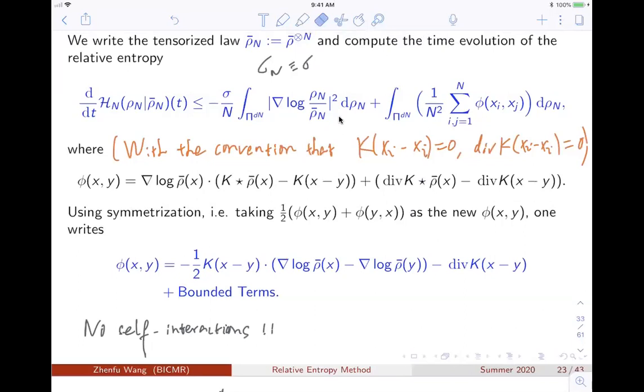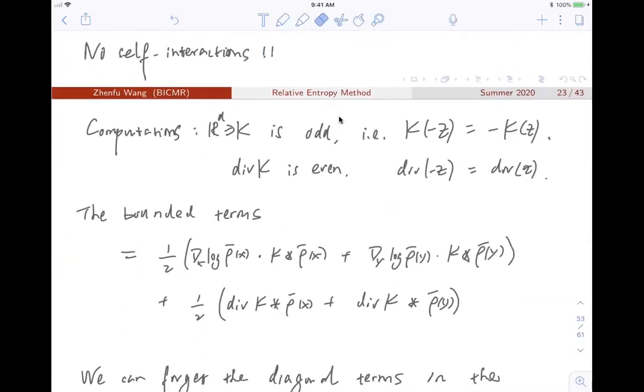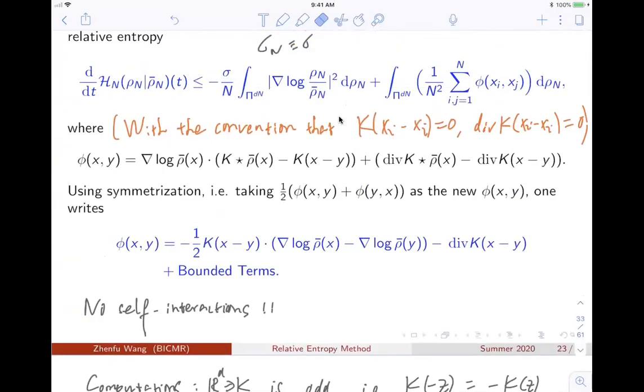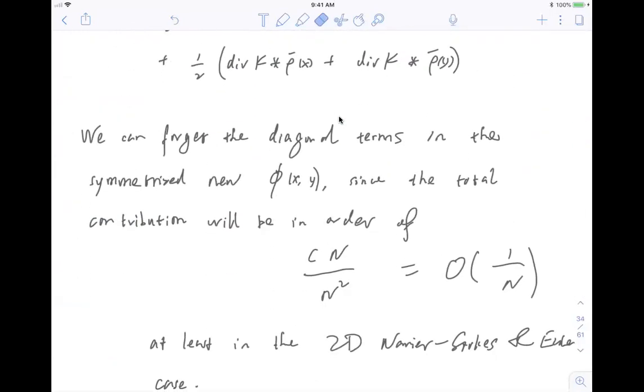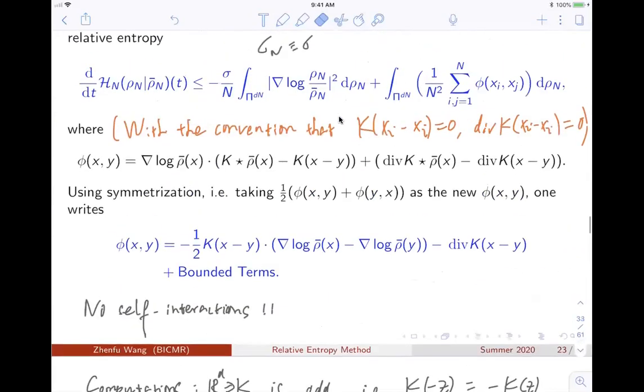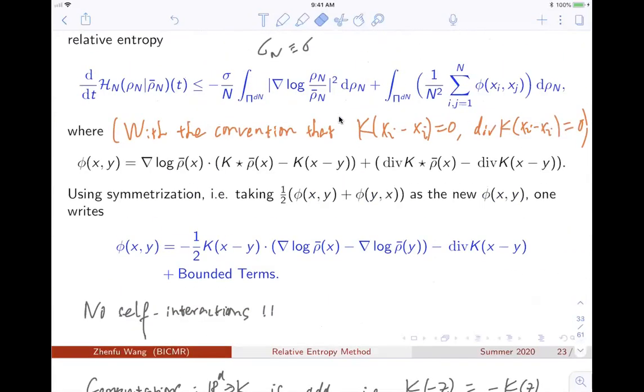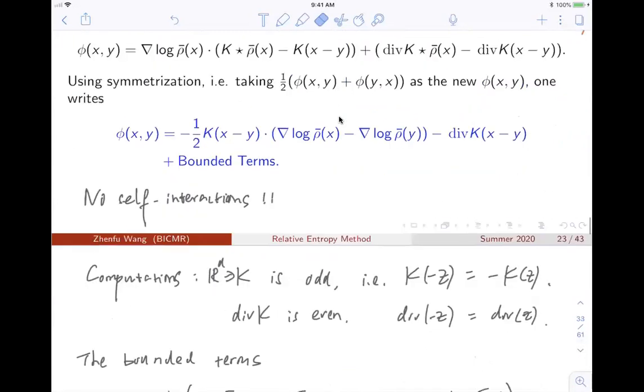This is not a trivial thing, but it just doesn't become harmful when we treat some bounded regime. I write here a little bit. For instance, we have summation both in i and j, and then we normalize by 1 over n squared, so this a priori is of order 1.